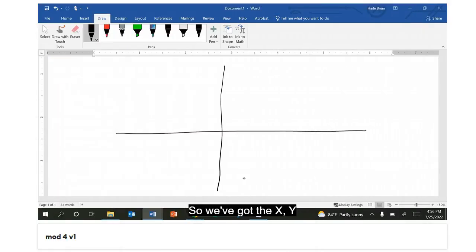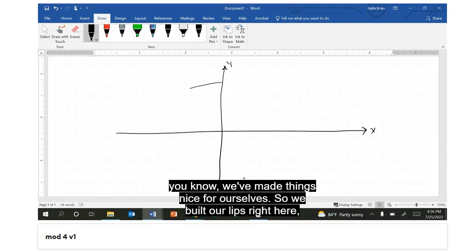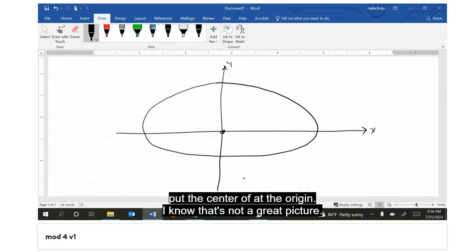the X, Y axis here, and let's say we've made things nice for ourselves, so we built our ellipse right here, put the center of it at the origin.